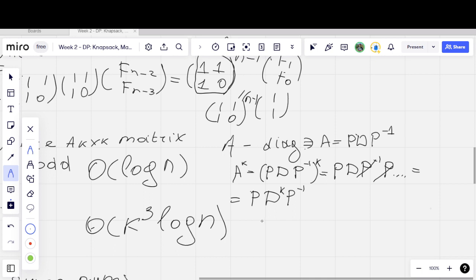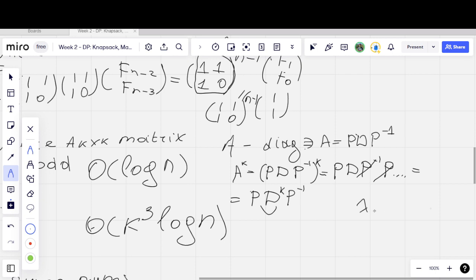I remind you that matrix D consists of eigenvalues, and we can easily raise this matrix to the power of k.